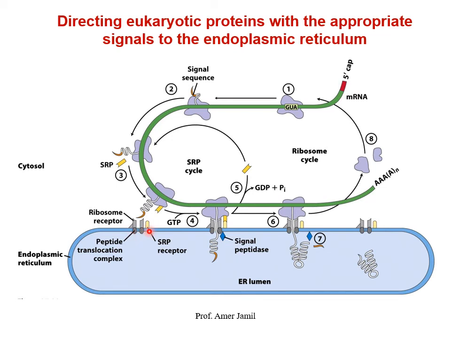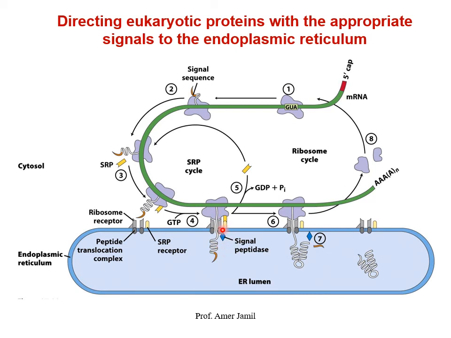Both of these receptors recognize this ribosome and this SRP, and this ribosome along with this protein is plugged in, and the protein moves inside the endoplasmic reticulum lumen, and this is brought about due to this signal sequence which is present here.